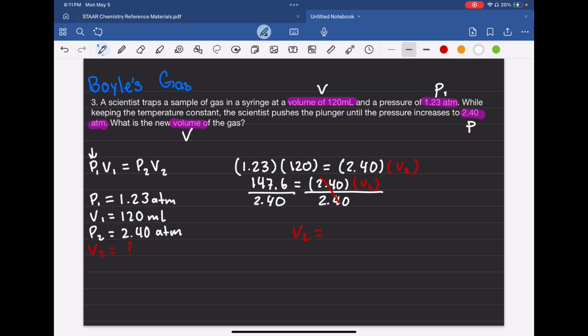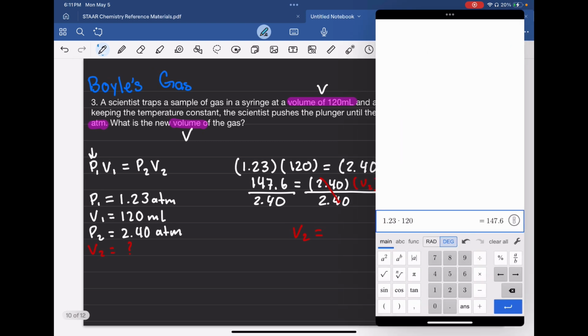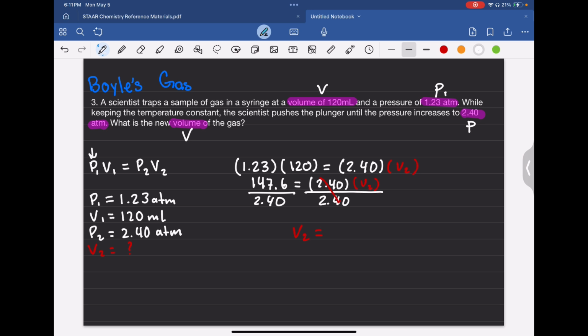And then we are going to divide 147.6 by 2.4. That gives us 61.5. Our new volume is 61.5. Okay, in this case, we use milliliters. That is our final answer.